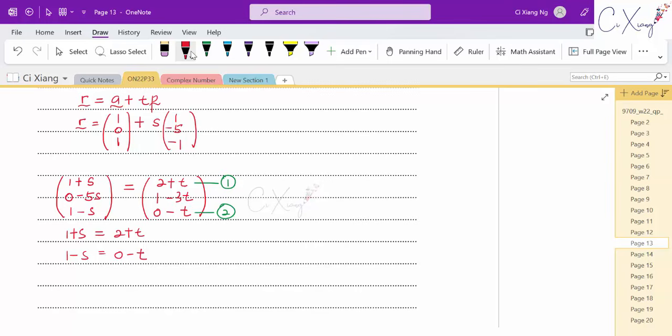Okay? And then, wait, did I make any careless mistake here? Let me figure it out. Okay, so let me double check now. 1, negative 3, and negative 1. So the value here is 0.